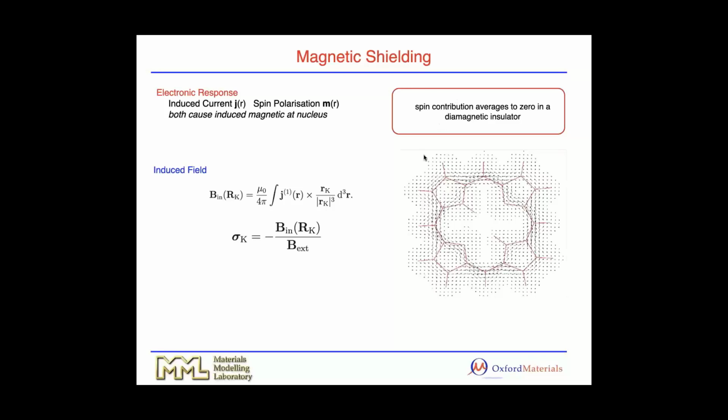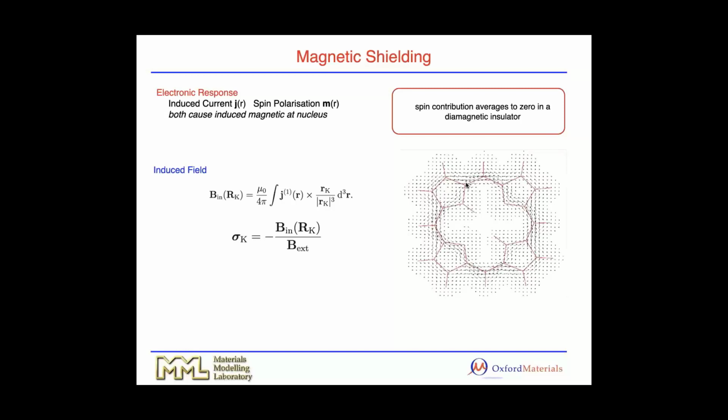Take a big aromatic molecule, and imagine the magnetic field is out of the plane towards you. You have an electronic current induced by the magnetic field that circulates around. This is diamagnetism. That current will create a magnetic field that varies at different points in the crystal, so different nuclei experience different magnetic fields and resonate at a slightly different frequency.